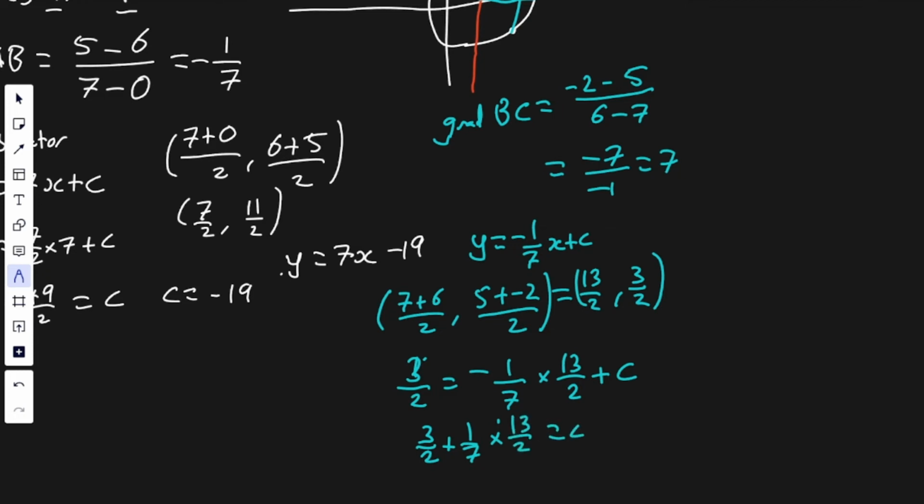Subbing that in the calculator, this gives me c as 17 over 7. So all in all, we get y equals 7x minus 19 and y equals minus a 7th x plus 17 over 7.